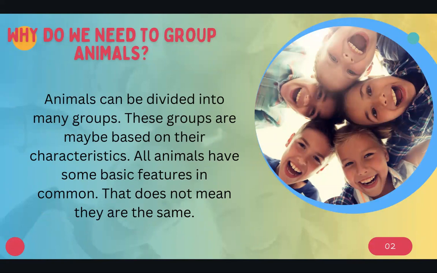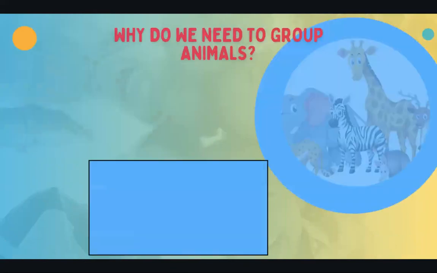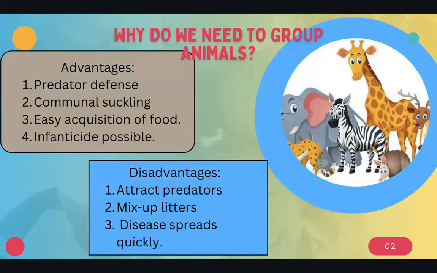Like, let's say there are animals that have 4 legs, but there are also animals that have 2 legs. But that does not mean that they are the same. But all of them are considered animals anyway. Okay, so there probably are some reasons why animals are grouped.